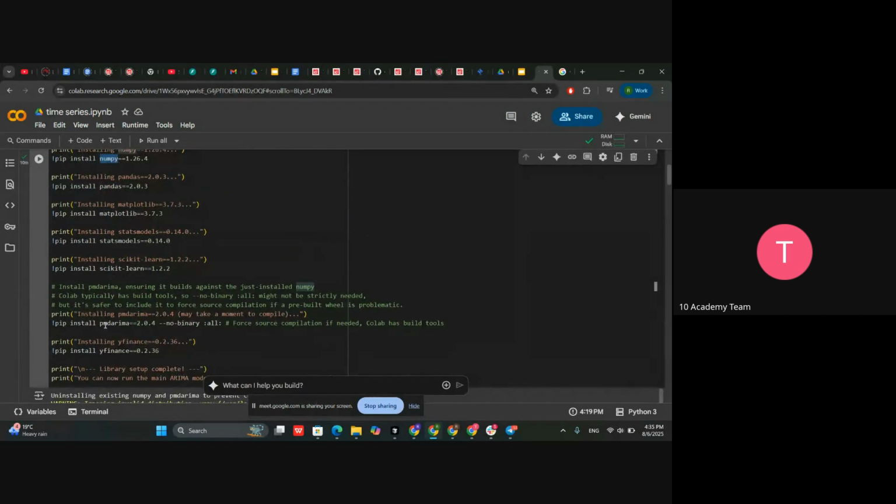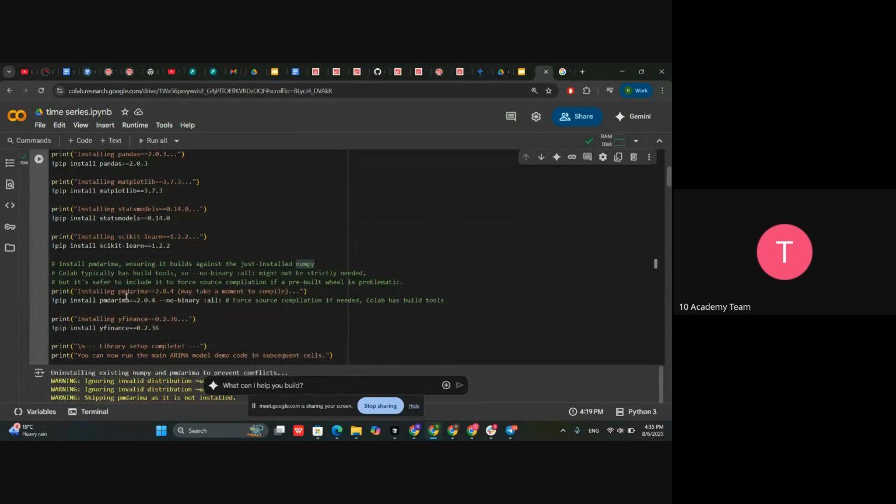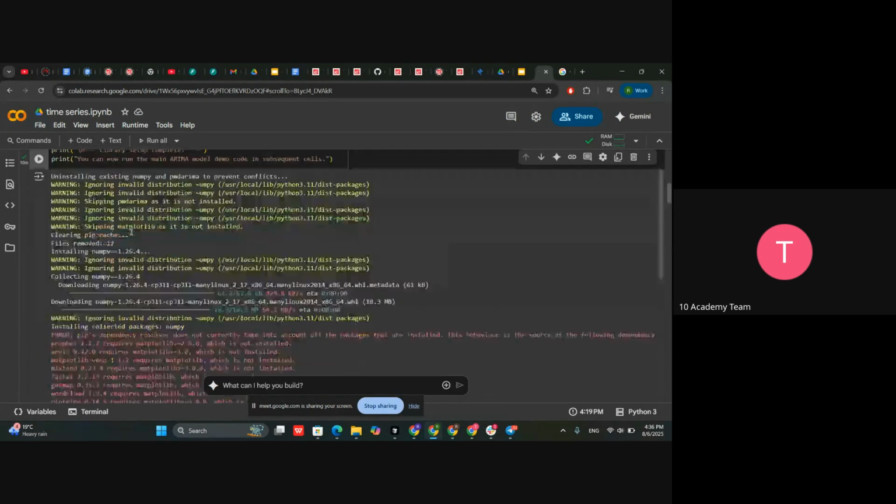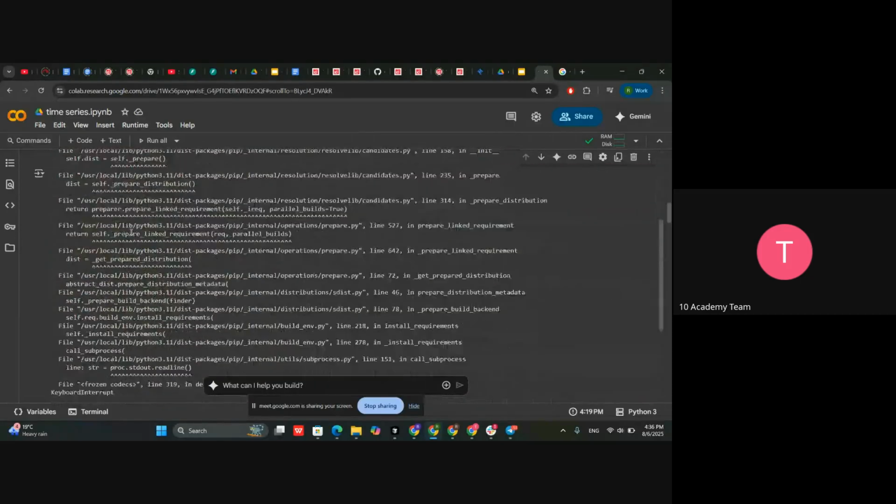While uploading this demo, I will update this. NumPy has a direct effect on pmdarima, the library that helps us get the ARIMA model. Those are going to bring the package conflict.